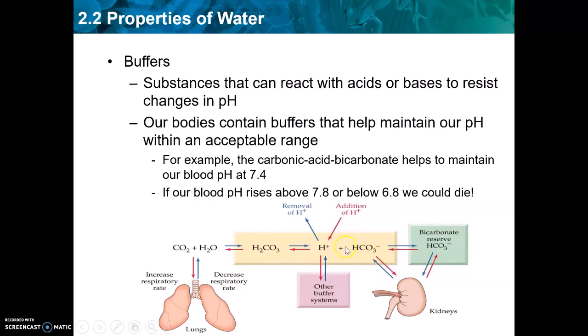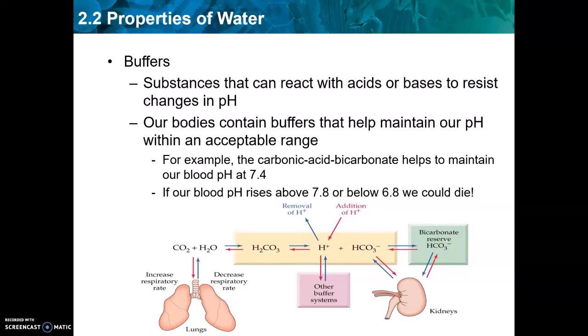So we have compounds in our blood that can regulate our blood pH. So if it becomes too acidic, remember, acids release hydrogen ions in solution. So that means there's a bunch of extra hydrogen ions in our blood. If that happens, then we have a bicarbonate that can absorb those excess hydrogen ions.